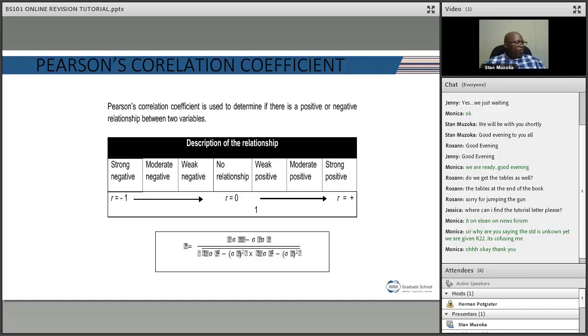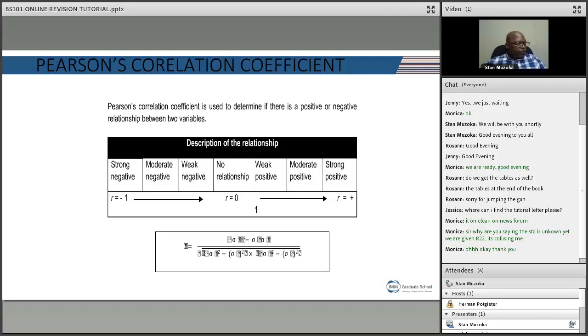You use the formula for R, on chapter 12, page 335.